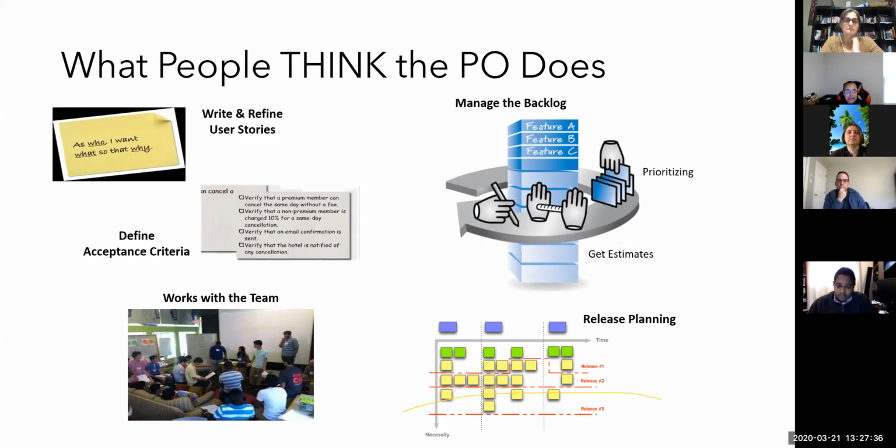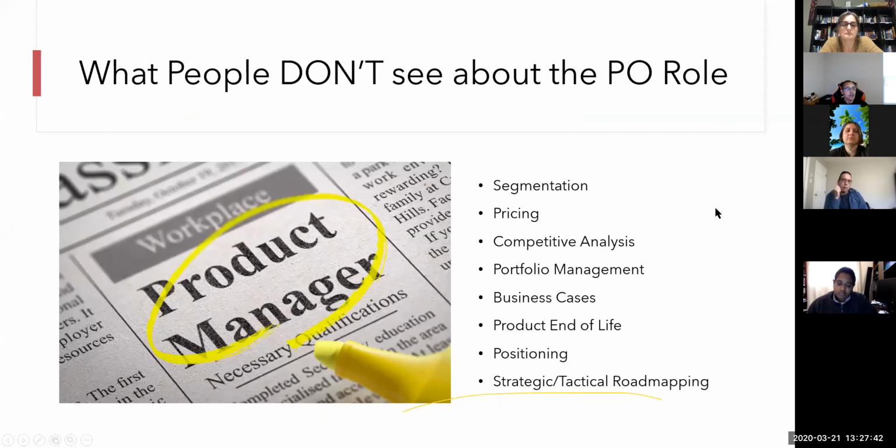What the Scrum Guide didn't talk about, and probably rightfully so, is what you don't see about the product owner role. And it comes back to that strategic element. So while the product owner is writing those stories, thinking about releases, interacting with the team, here's the other half of stuff that has to happen, even for the product owner to be able to write stories to begin with.